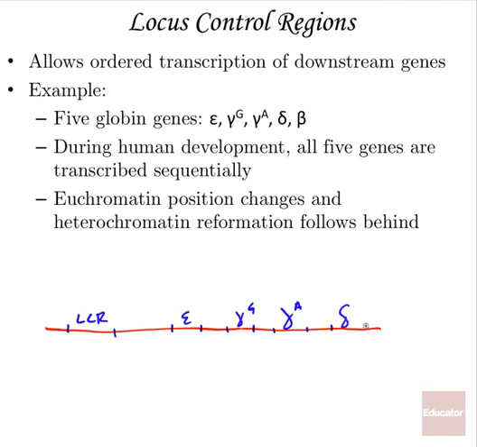This is delta. This one is beta. Now, right here is our cluster of globin genes.